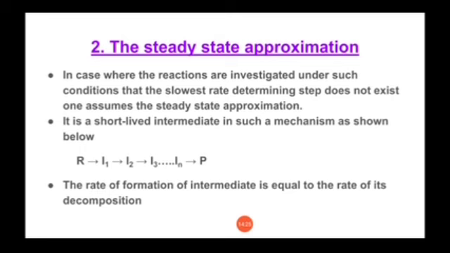So the rate of formation of intermediate and the rate of decomposition of intermediate are always equal. So we can write dI1/dt = dI2/dt = dI3/dt, and they always equal 0.